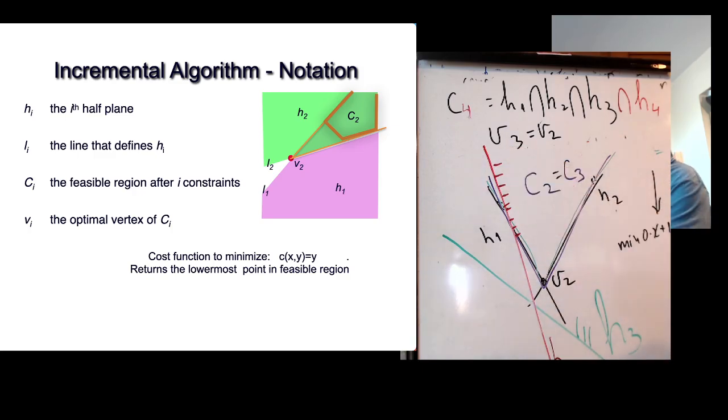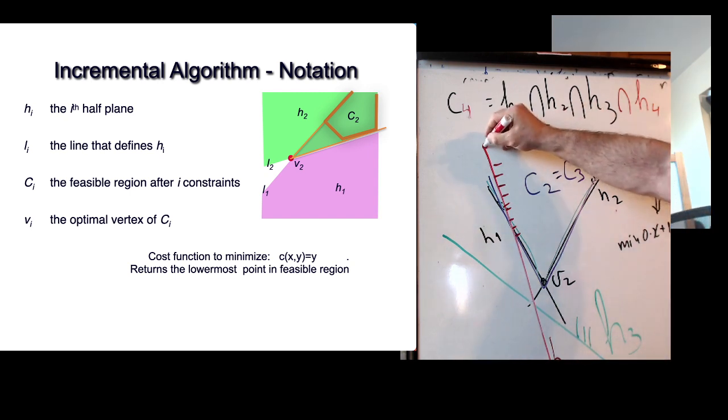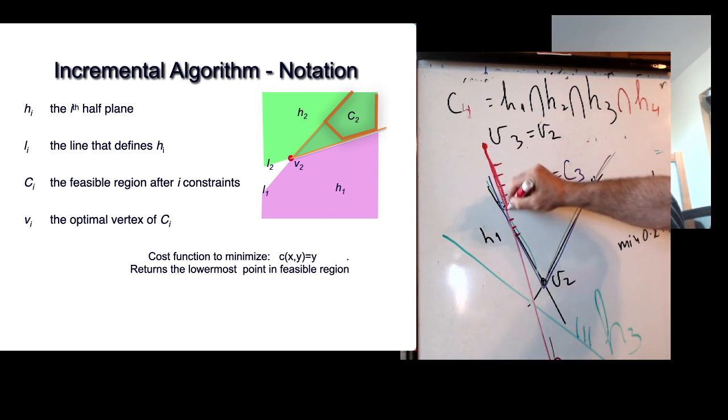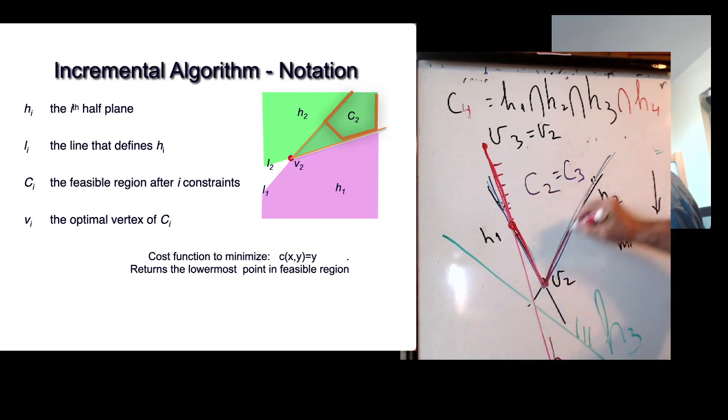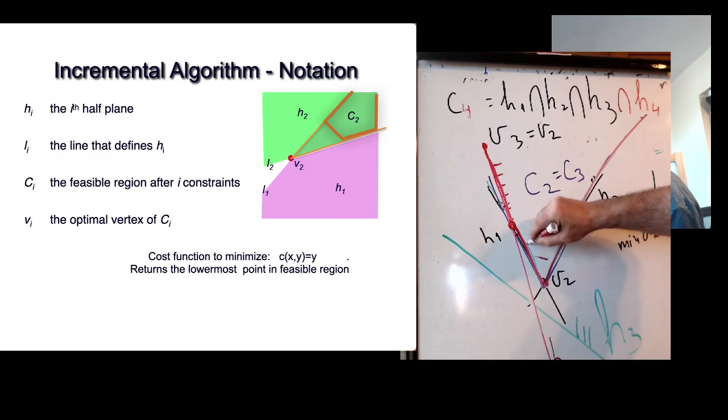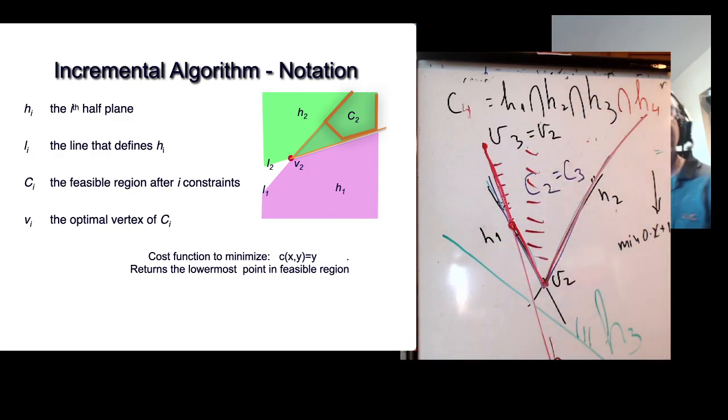So the feasible region at the moment is the polygon with infinite rays going all the way to here, turning in this vertex and continuing all the way to infinity. Everything over here. Everybody agrees that this is C4.